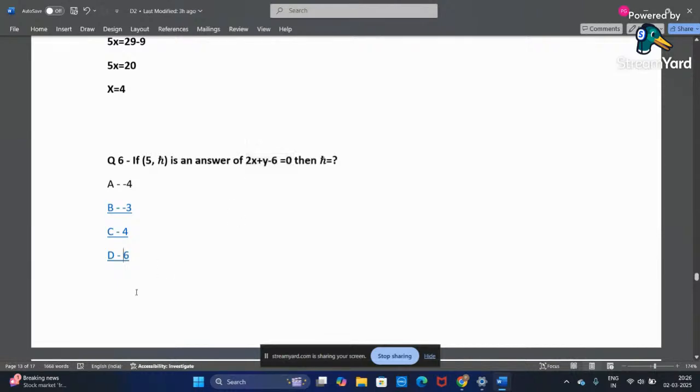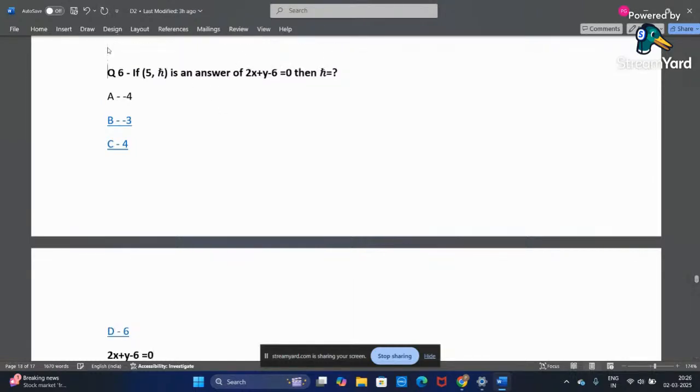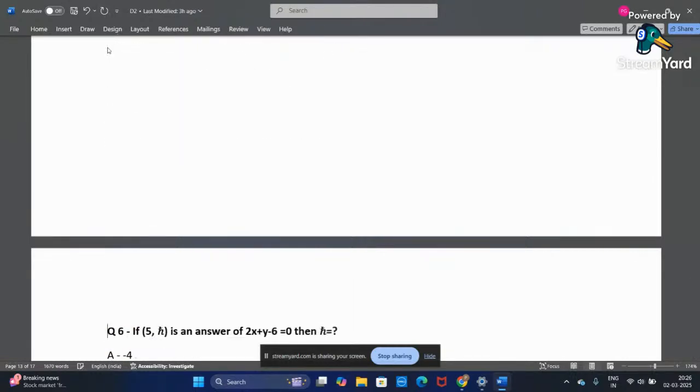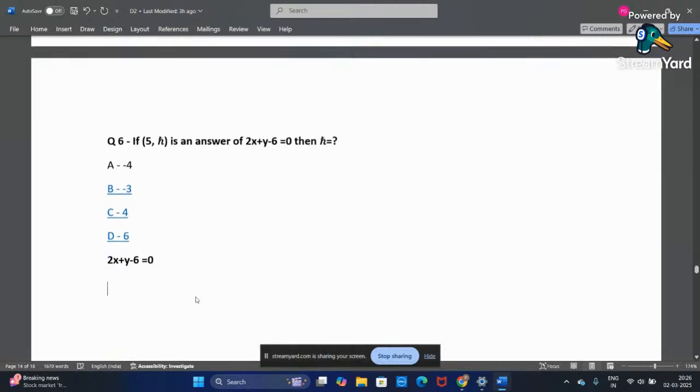Wait, I'll solve it here. 2x, what is the x value? This 5 is x, so you're writing this 5 here. Then plus y, here it is h, minus 6 equals 0.